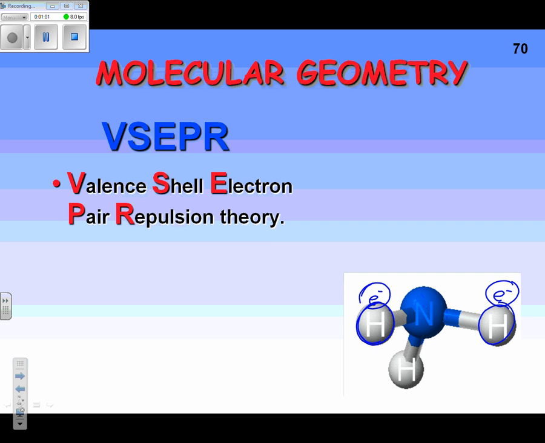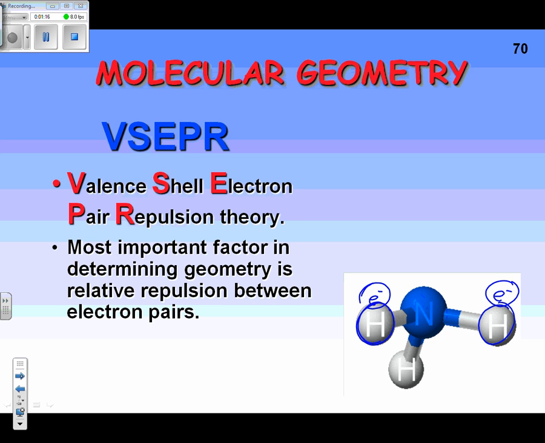In a nutshell, that's the VSEPR theory: the valence electrons repel each other, causing the atoms to be oriented as far apart as possible. If we use that principle, we can figure out the three-dimensional shape of any molecule.